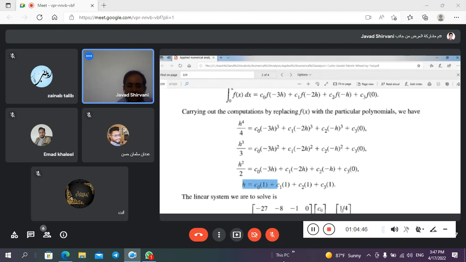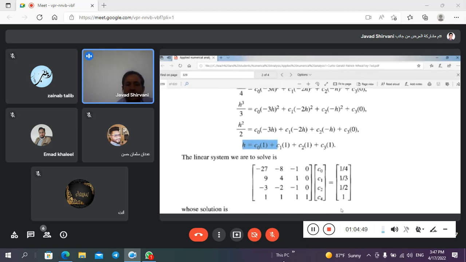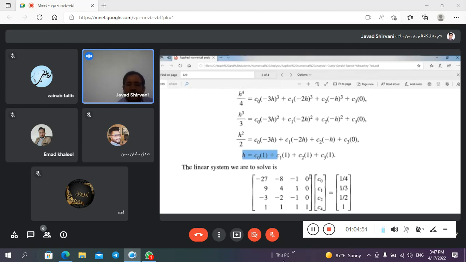The linear system we are to solve is this. This is equal to the last system, but in matrix symbols or matrix formulation, by dividing each side of these equations, for example, by h1.